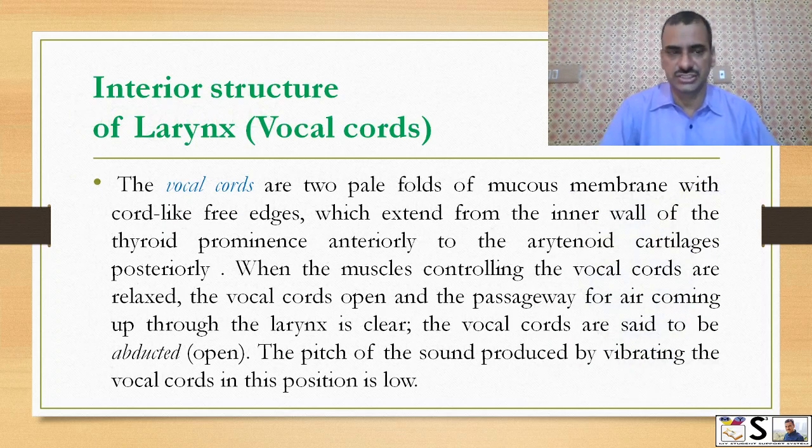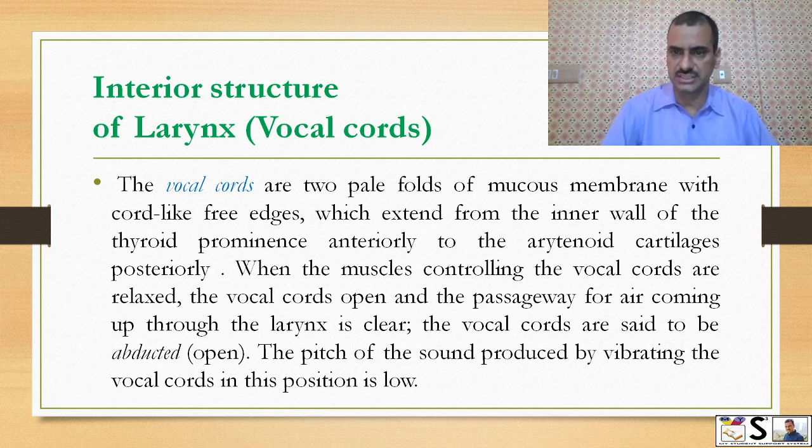Now interior structures of larynx, and specially we will discuss about vocal cords. The vocal cords are two pale folds of mucous membrane with cord-like free edges, which extend from the inner wall of thyroid prominence anteriorly to the arytenoid cartilage posteriorly.